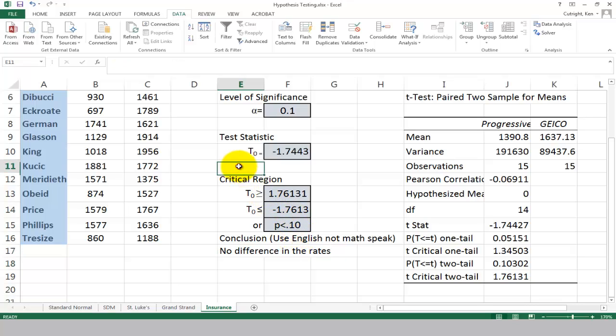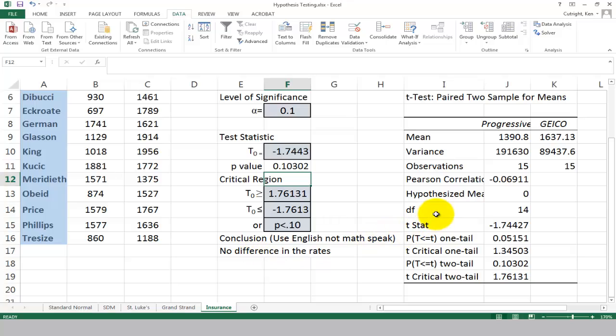Let's go look at the p-value, see if it gives us the same conclusion. It better. The p-value for a two-tailed test is 0.103, just slightly bigger than 0.10, just slightly bigger. But if the p-value is bigger than alpha, you do not reject, so we would conclude that there is no difference in the rates.